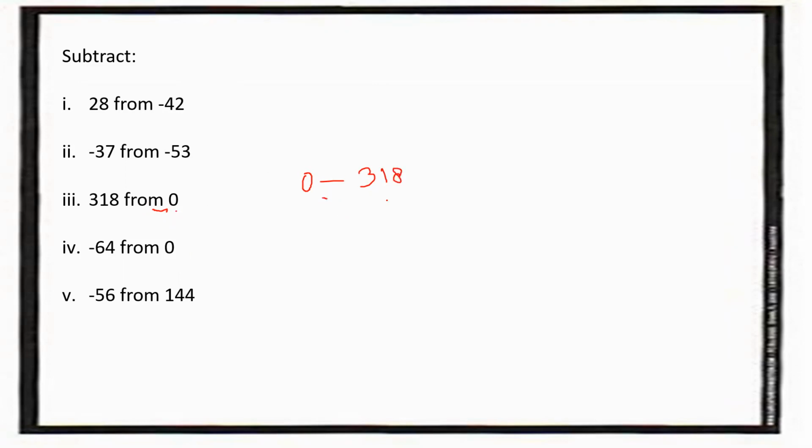So 0 minus 318 is simply 318 with the sign of the number reversed. That will give you minus 318.